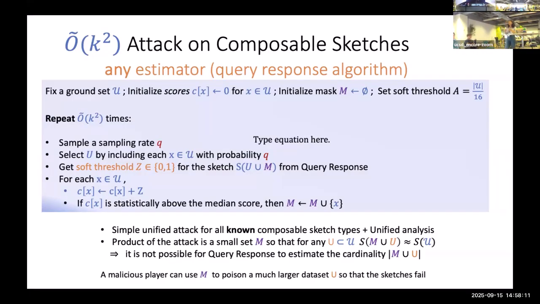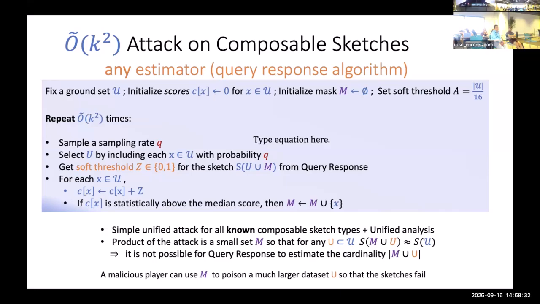Then again we keep the scores that we update by this response C, and then when a score passes some median score threshold plus some constant, then we add it to the mask.